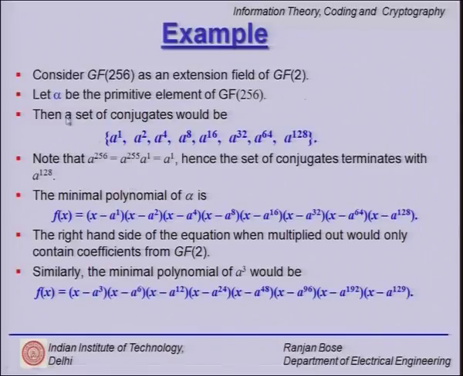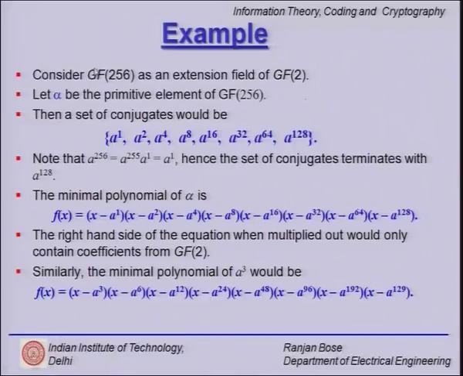So, suppose I want to look at alpha being the primitive element of GF(2 raised to 8). Without worrying too much, I can say the first set of conjugates I can write as alpha, alpha squared, alpha 4, alpha 8, 16 up to alpha 128.